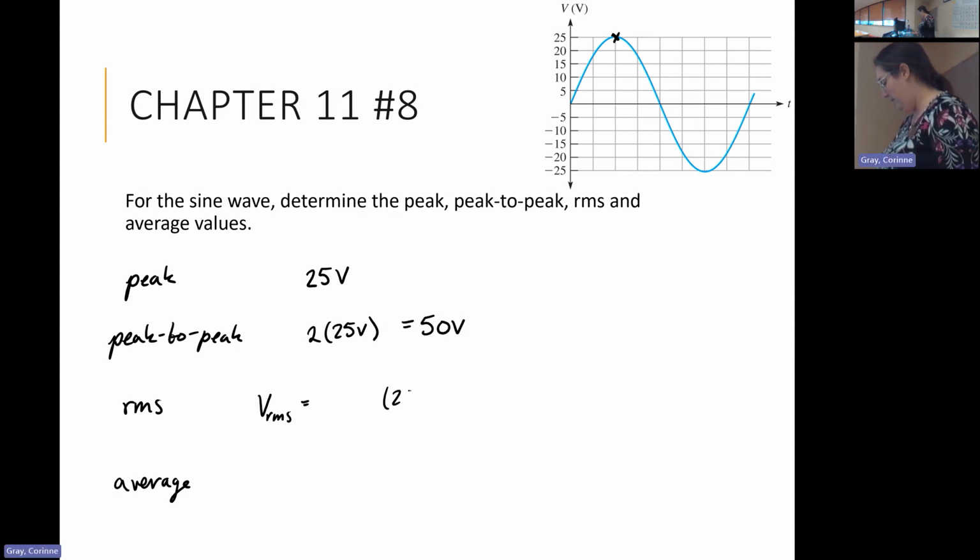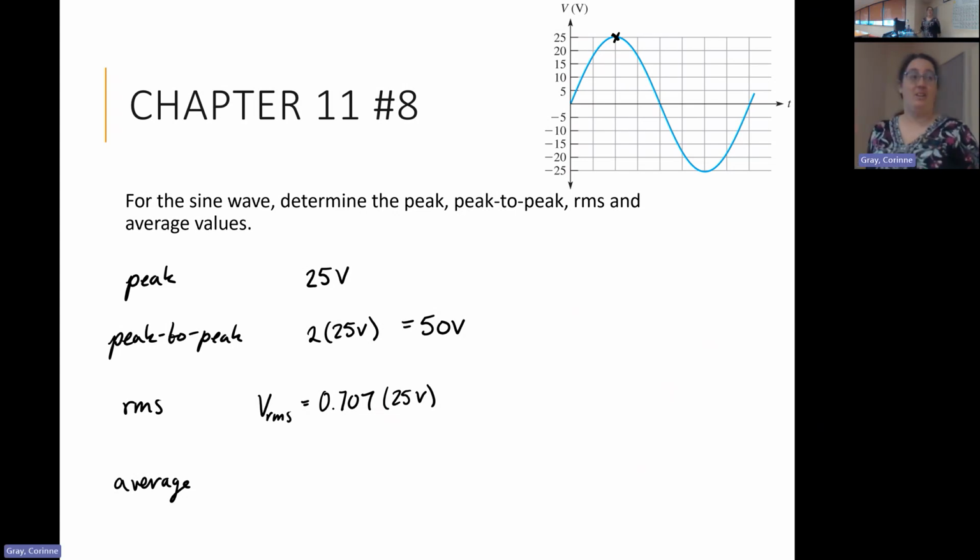Something times 25. 1 over square root of 2, or 0.707. You are welcome, and it is in fact typically encouraged to use the 0.707 instead of using the entirety of the square root of 1/2.